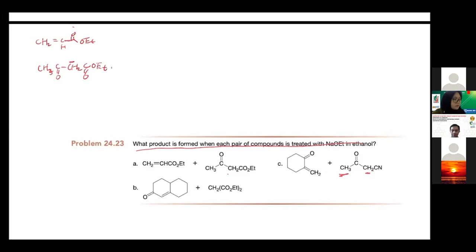This is activated because both carbonyls are attached to this carbon, and here the beta attack happens. This is the alpha, beta unsaturated compound here. The Michael reaction occurred, so what compound is formed?